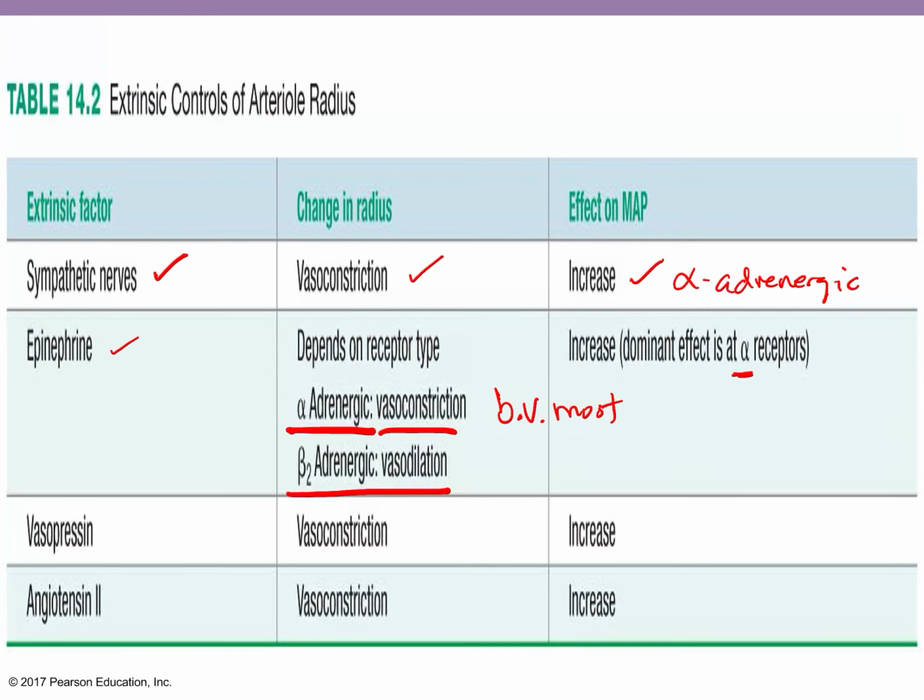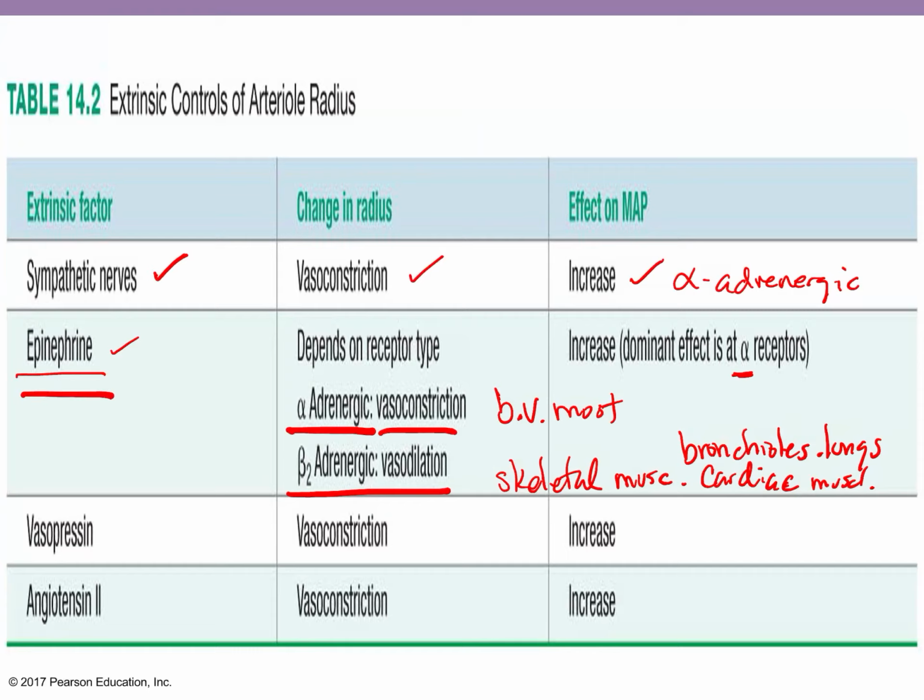But some areas have beta 2 adrenergic receptors, and it does the opposite job. And the places that would have an opposite response is your skeletal muscle, and your cardiac muscle, and then also bronchioles in your lungs.